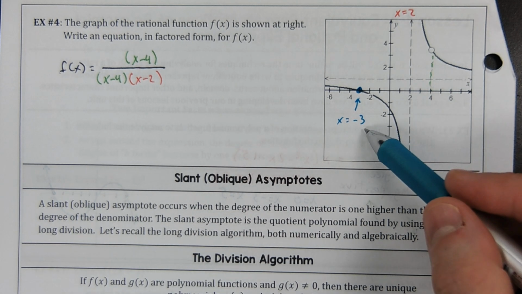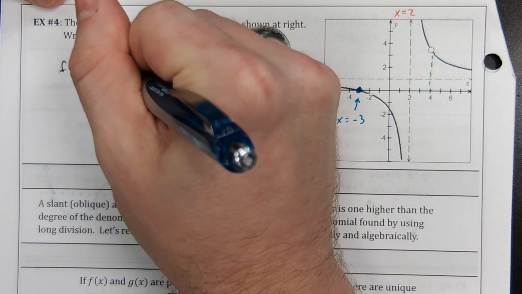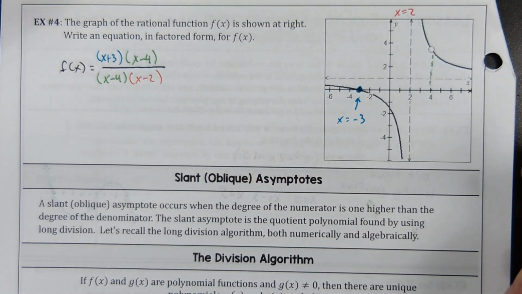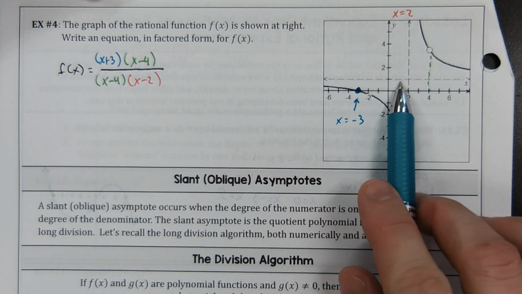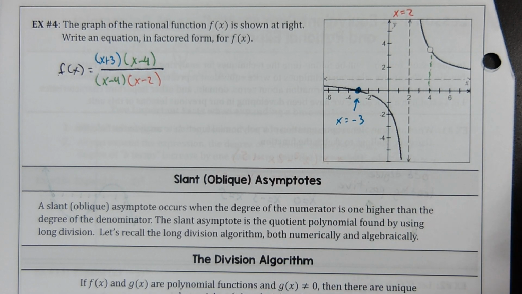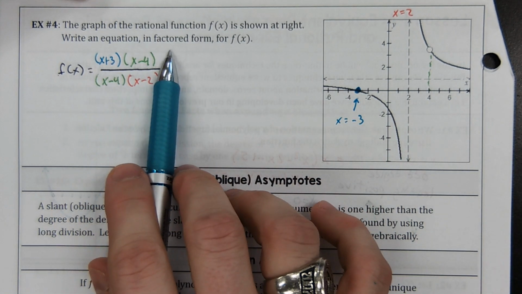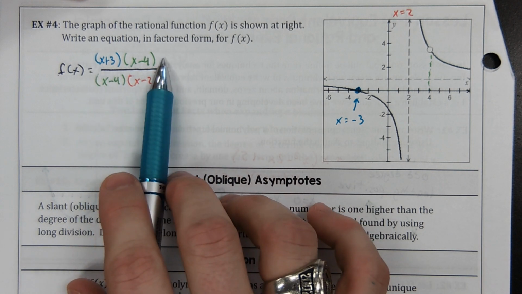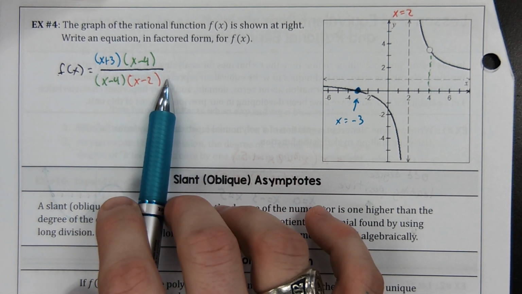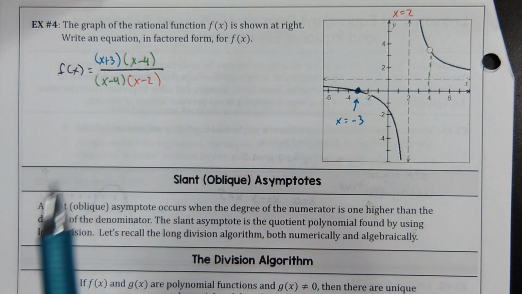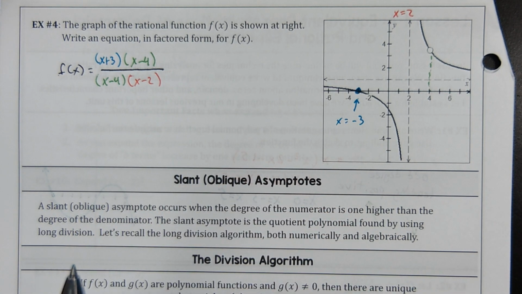This is a 0 of the numerator, so x plus 3. And let's just make sure that it makes sense by looking at the horizontal asymptote. It's at y equals 1. Leading coefficient at the top will be a 1, degree 2 polynomial. Leading coefficient at the bottom will be a 1, degree 2 polynomial.